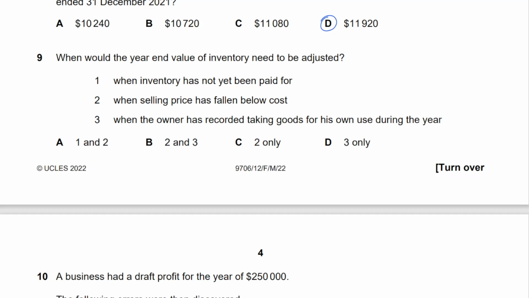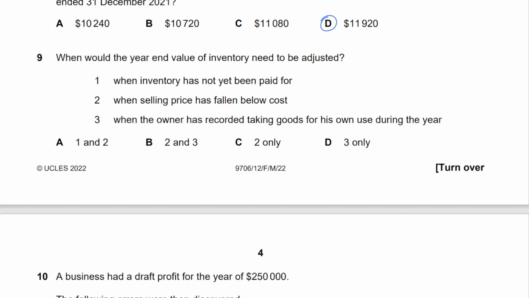Okay, so, well, we will have to do that because it is an adjusting event, right? We had some inventory at the reporting date, and I believe they're talking about that topic. I hope that this is the topic they're talking about in this particular case.